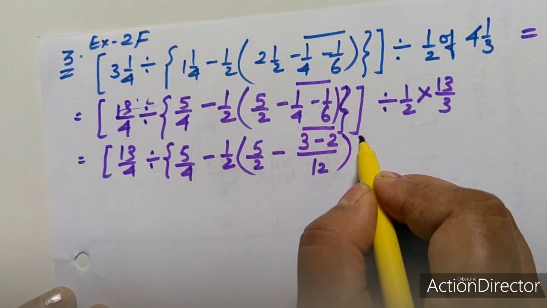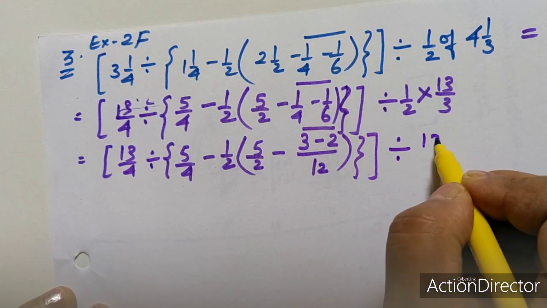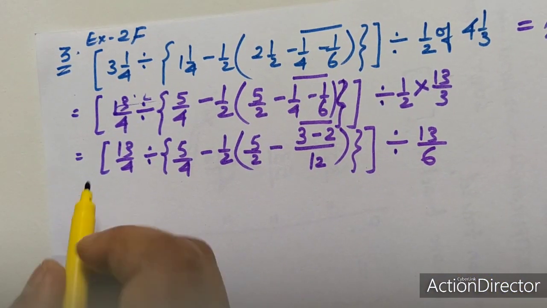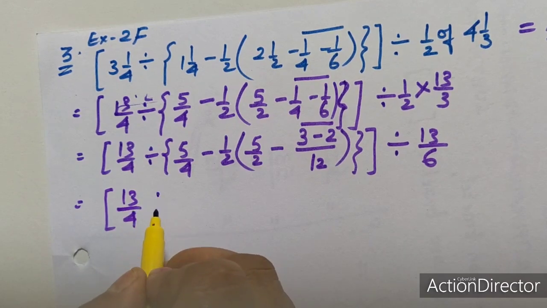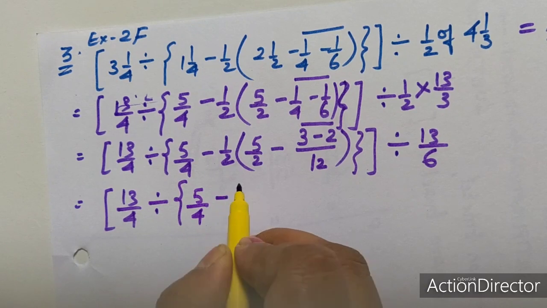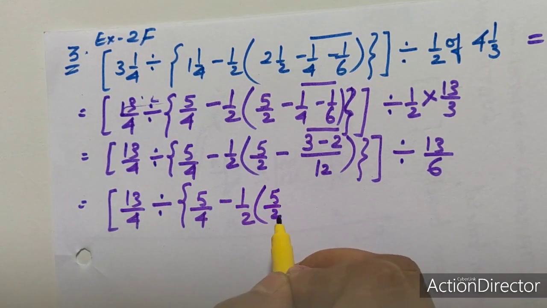Again common bracket, then curly bracket, then square bracket, divided by, here we simply multiply these two numbers. Okay, now the next step is again with the square bracket 13 by 4 divided by curly bracket 5 by 4 minus 1 by 2 common bracket 5 by 2 as it is.